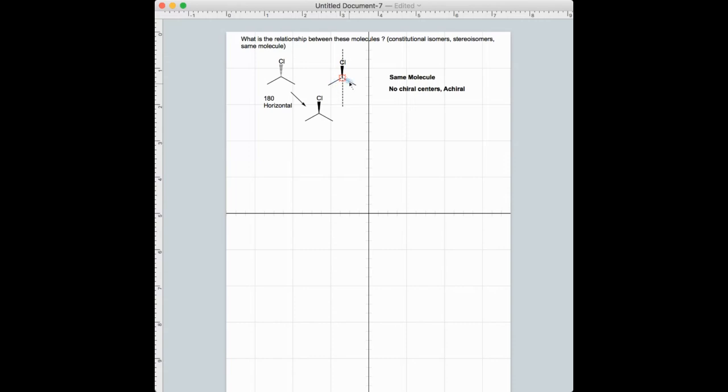The left is a reflection of the right side. So there is a plane of symmetry. This molecule does have an element of symmetry, which reinforces the idea of the molecule being achiral.